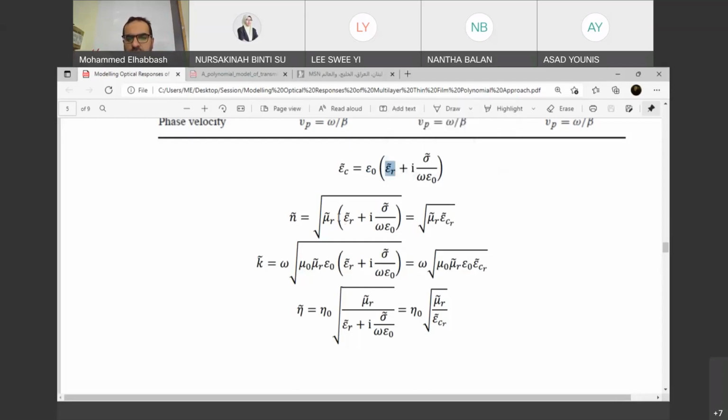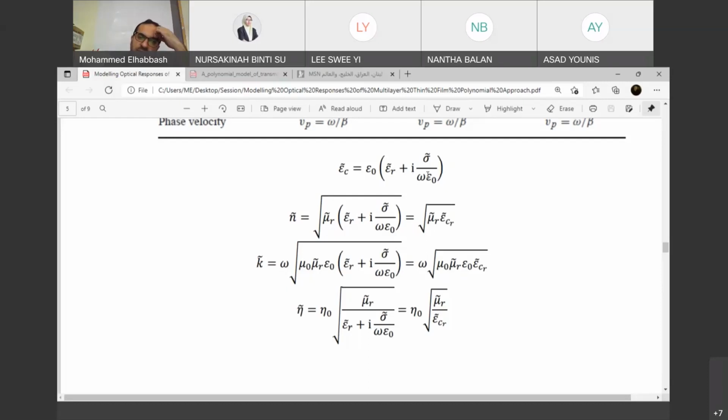For refractive index, you can see here that this part between brackets under the square root is the same as this part. So if this part for permittivity is simple for the case of lossless material, this one will also be simpler. Also for the wave vector, the same thing. For the intrinsic impedance, the same thing.